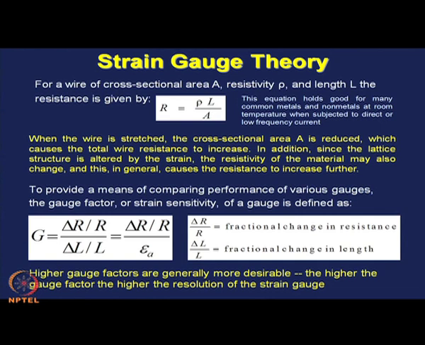So, when the wire is stretched, we increase the length, reduce the area, and the resistance thus increases. In addition, since the lattice structure is altered by the strain, the resistivity of the material may also change, and this in general causes the resistance to increase further.